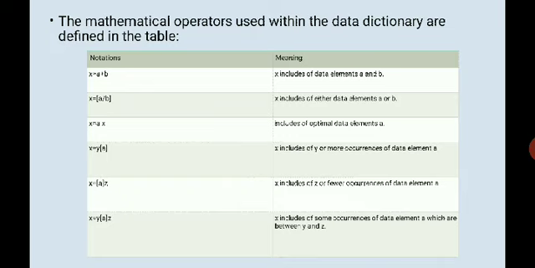So either it will include z or it will have a fewer number of data elements of a. y{a}z means x includes some occurrences of data elements a which are between y and z. So that number of occurrences will be considered, right?